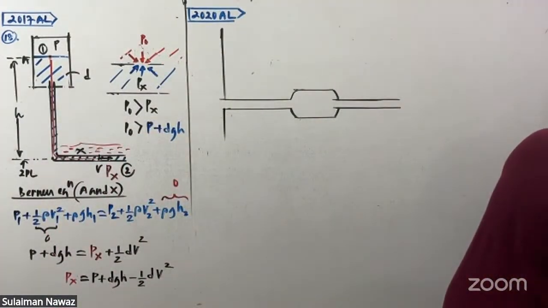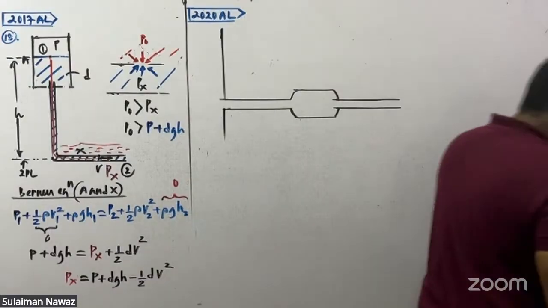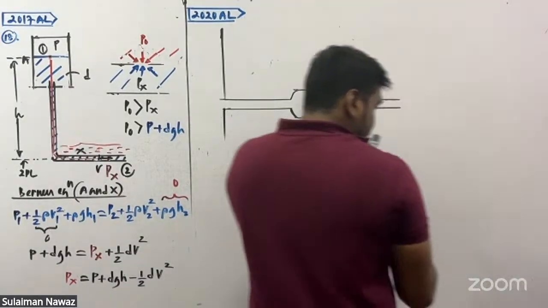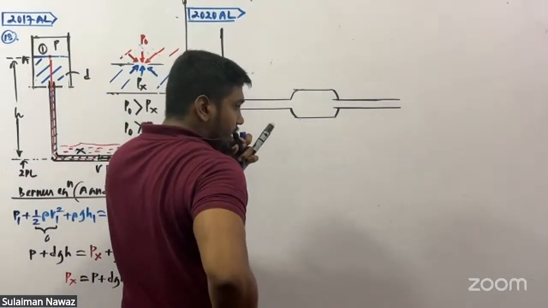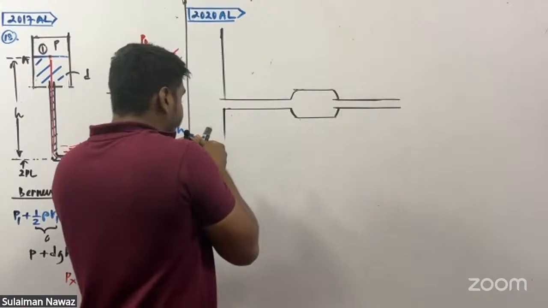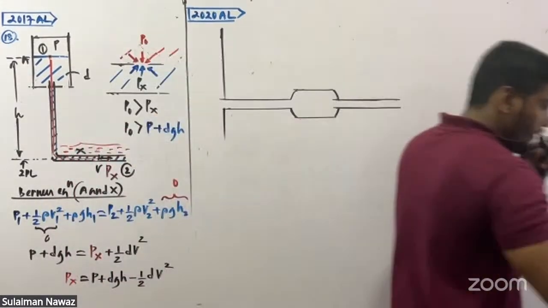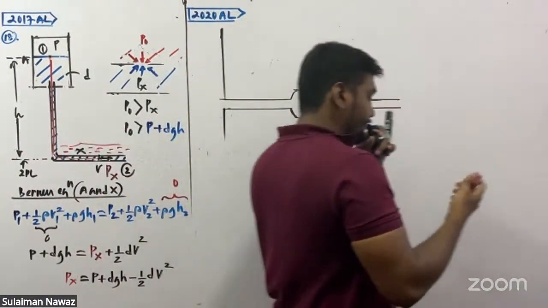And water. I draw a horizontal streamline for our understanding. Look at the streamline, my streamline is red color.